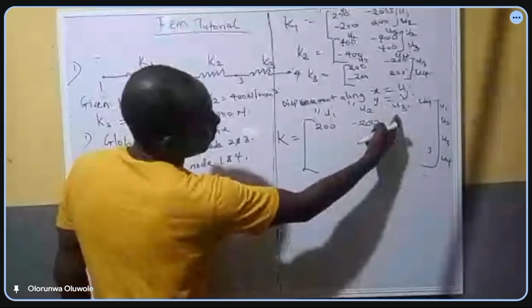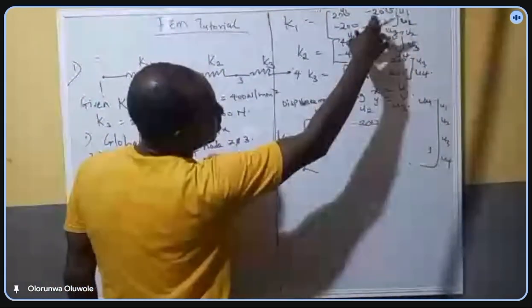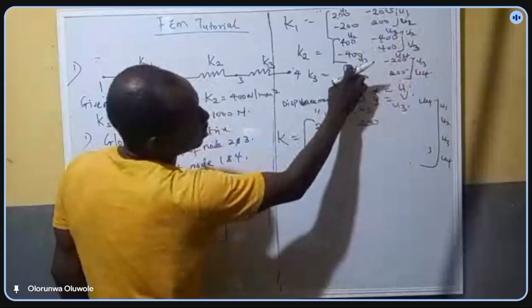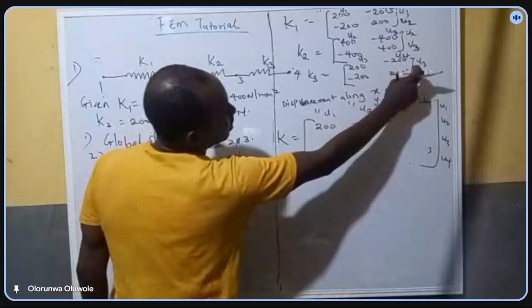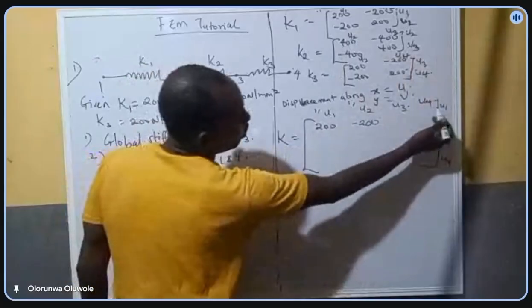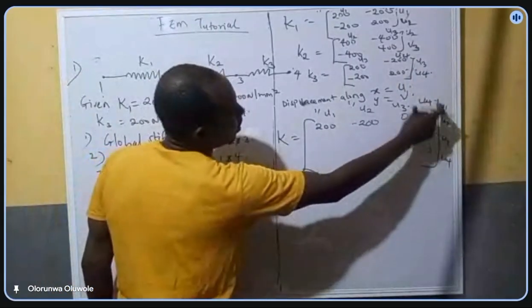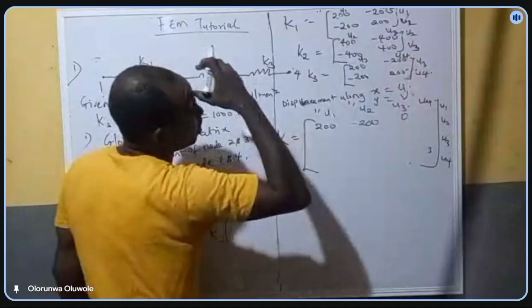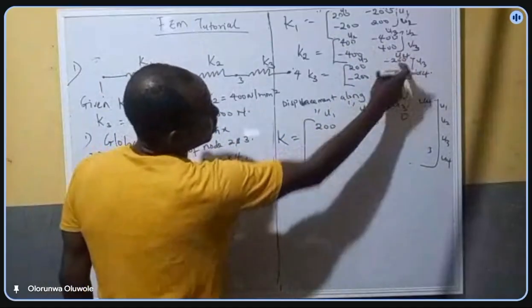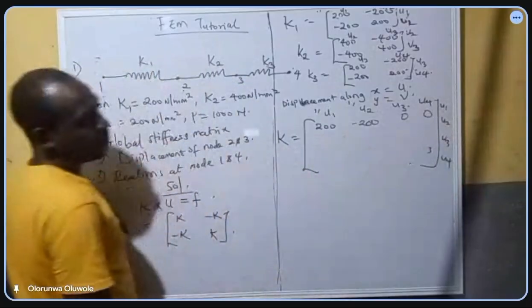Then U3, U1: you don't have anything like U3, U1 here. What you have is U3, U3, or U2, U3. There's nothing like U3, U1, so it is 0. You come here, U4, U1. Nothing like U4, U1. All you have is U4, U4 and U4, U3. So you put a 0.